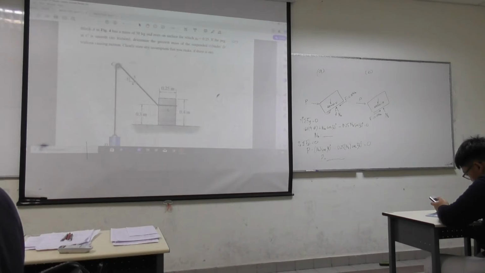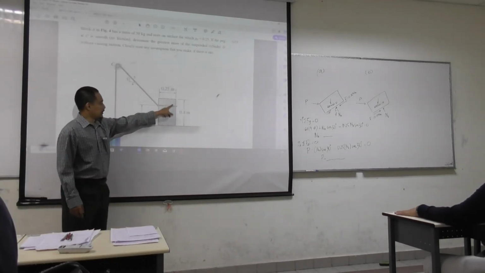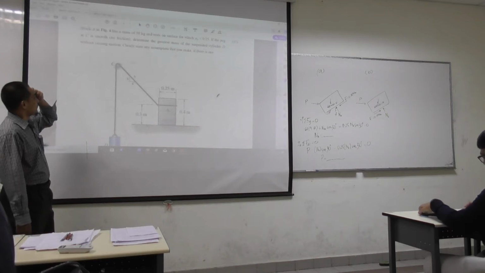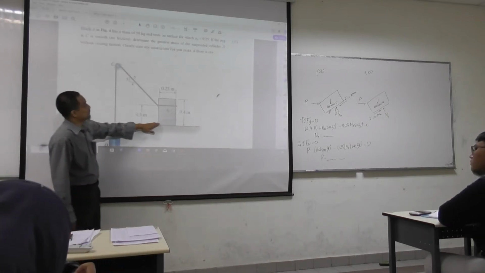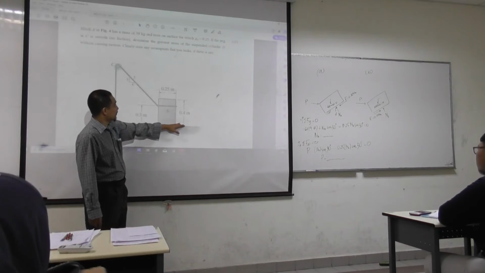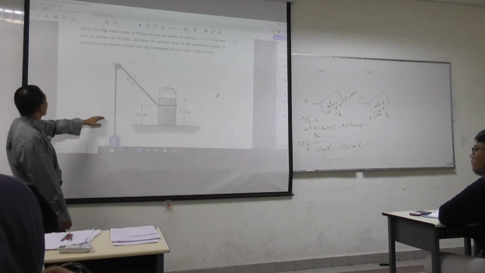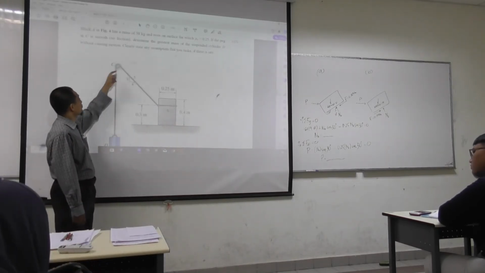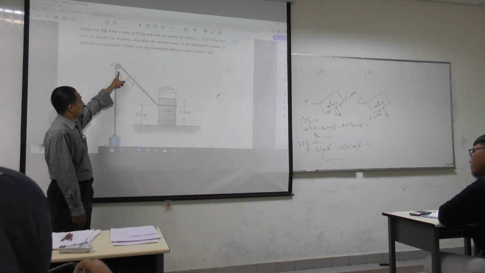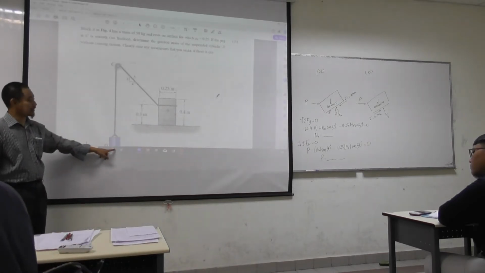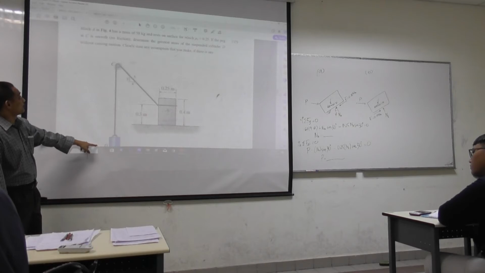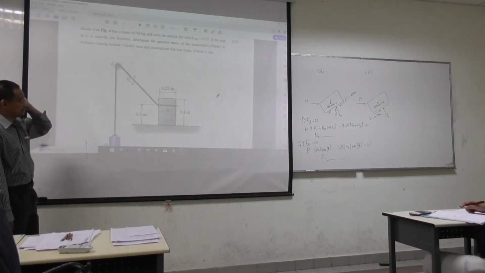If you want to read the question, block A, the mass is 50 kilograms. And the surface has mu s of 0.25. If the peg C is smooth, meaning no friction, determine the greatest mass of the suspended cylinder D. So what is the biggest mass of D without causing motion? Clearly state any assumption that you make if there is any.